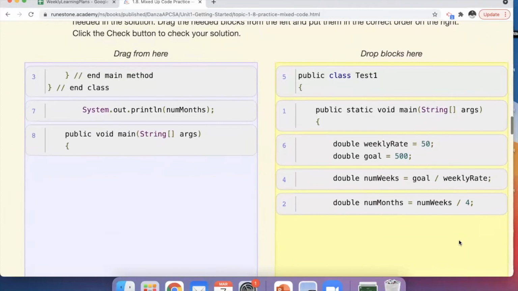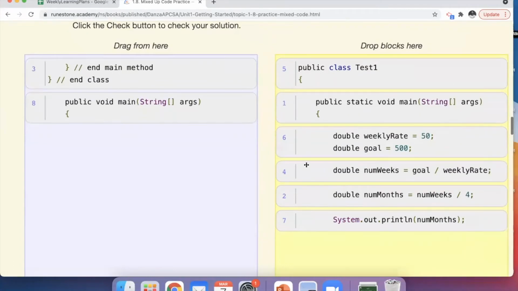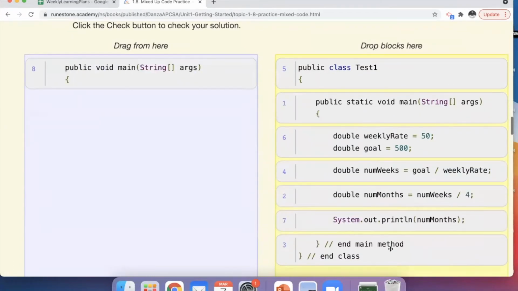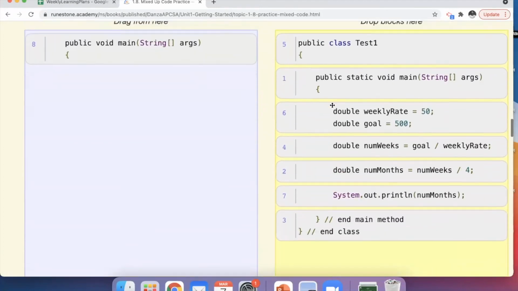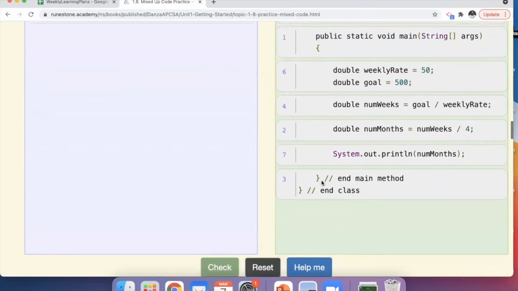And then we'll print out whatever we have here, system.out.println, num months. We'll close it then as well. Okay. They tried confusing us with this one, public void main instead of public static void main. All right, let's see if I got it right. Maybe I got something wrong. Nope, looks like it's right.